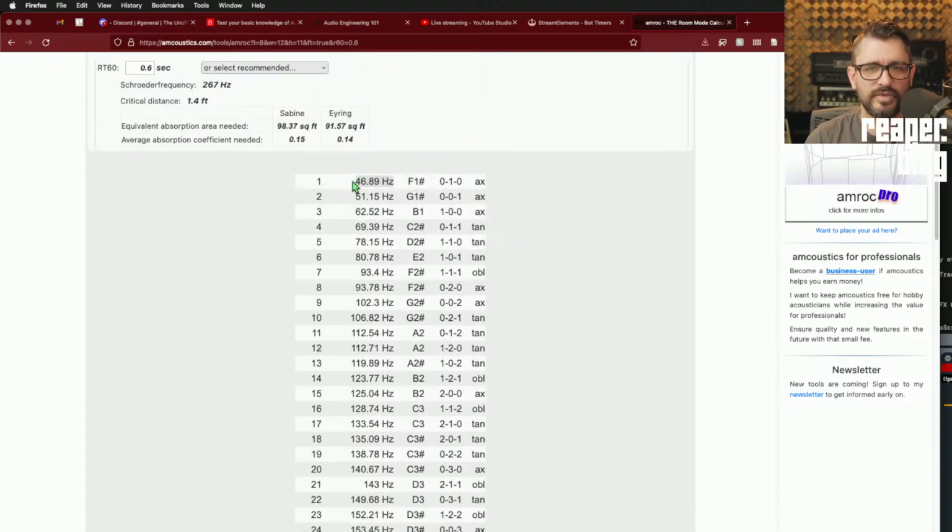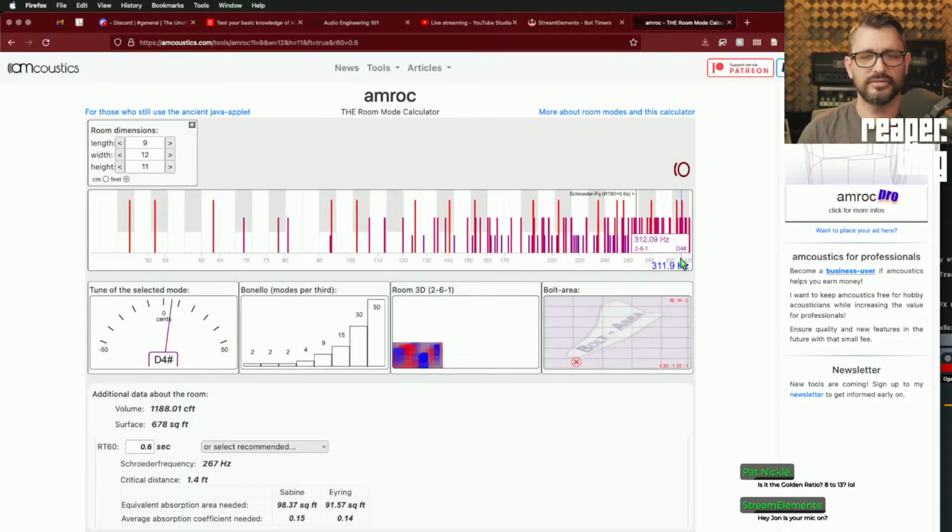But also, every octave of this, every time you double the frequency, it's also going to be an issue. So there's an axial mode at 46.8. There's an axial mode at 62. And if we double that, we've got 93 and 102. Every doubling will also be an issue.